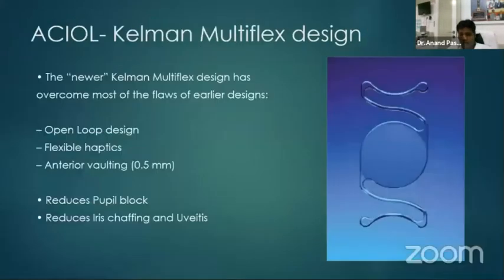This newer IOL has an open loop design with flexible haptics, and there is an anterior vaulting of 0.5 millimeter. This significantly reduces the pupillary block, iris chafing and uveitis associated with these IOLs.